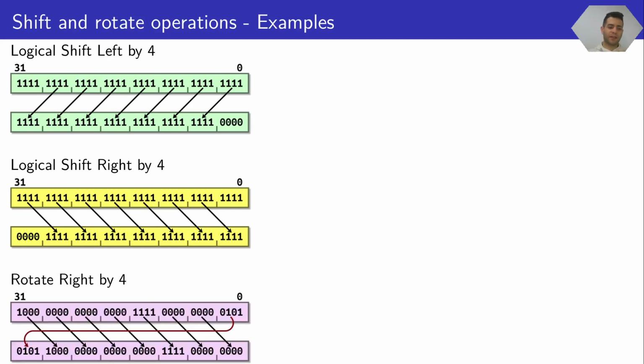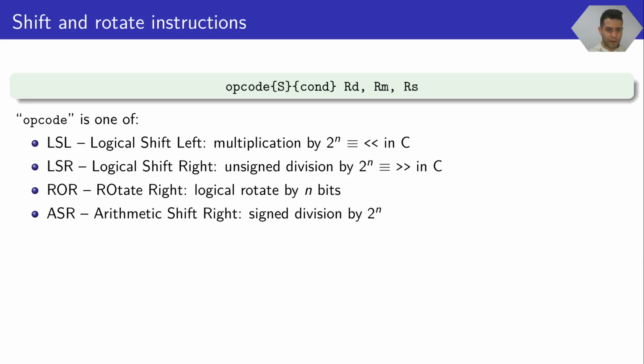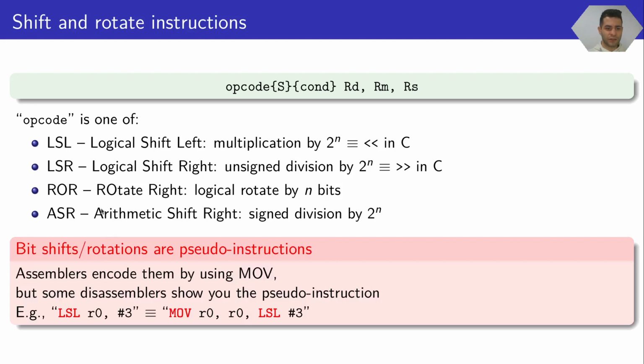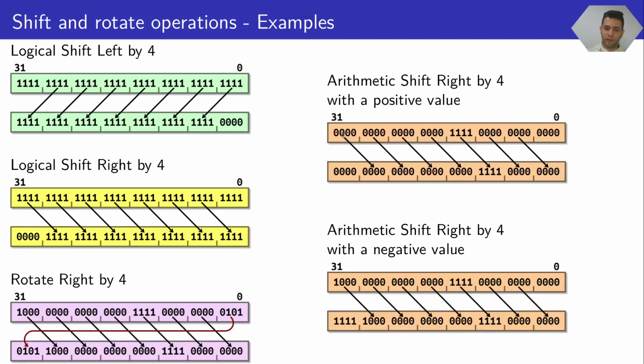And then we have the rotate right, where we are moving the bits by 4 positions. And then here we have the arithmetic shift right by 4 with a positive value. You remember, go back one slide, okay? This is considered arithmetic shift right, signed division. It means that we are considering the sign of this number.